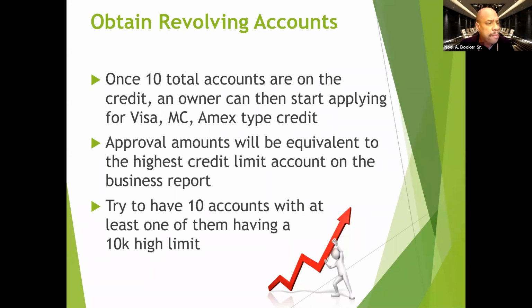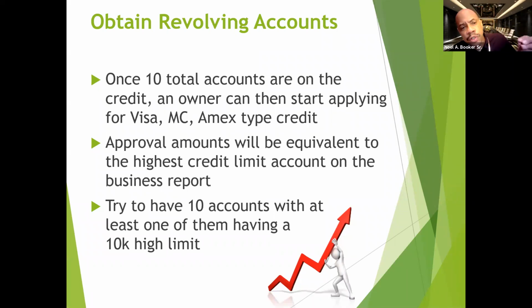Approval amounts will be equivalent to the highest credit limit accounts on the business credit report. So once you get 10 trade lines, that's when you can start applying for business credit cards. And you try to have 10 accounts with at least one of them having a $10,000 high limit.